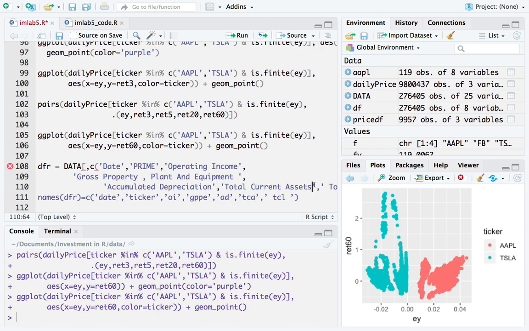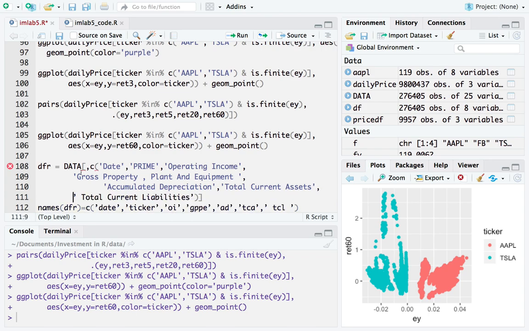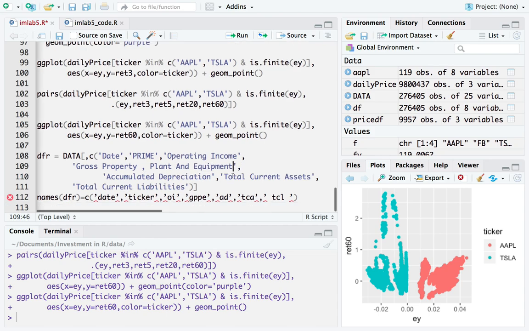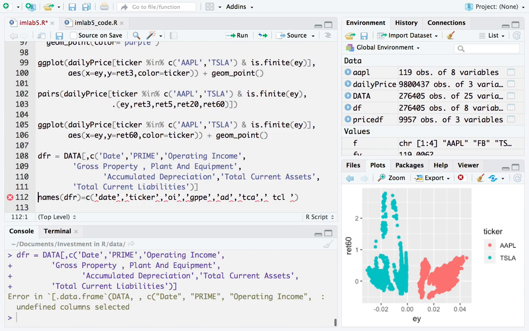I'm basically grabbing all the values I need for my formula to calculate ROC. Get rid of that space, that's going to cause me an error. All right, this should work now.